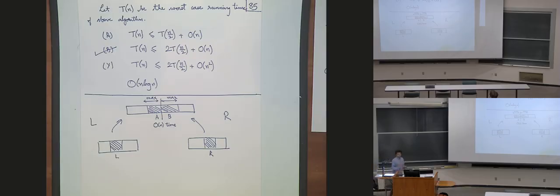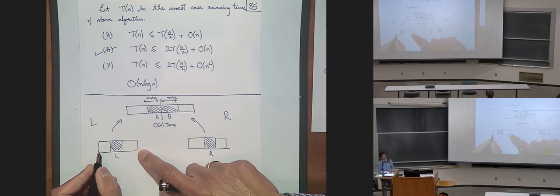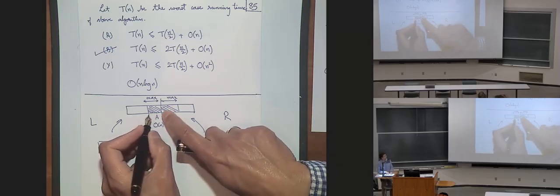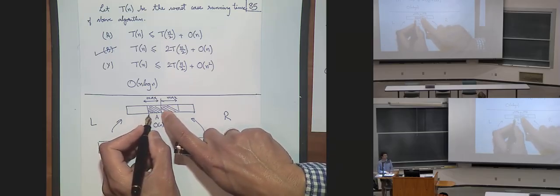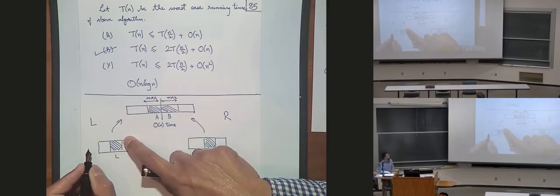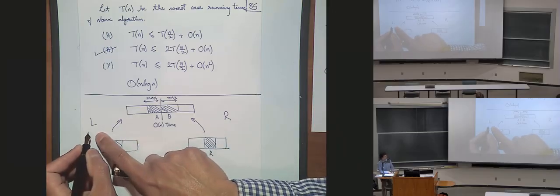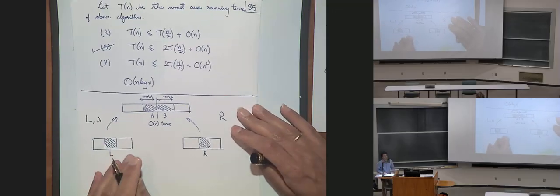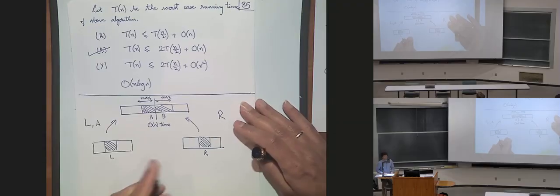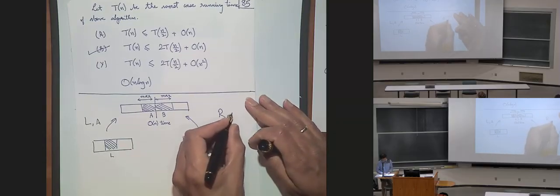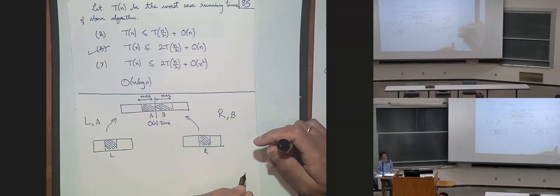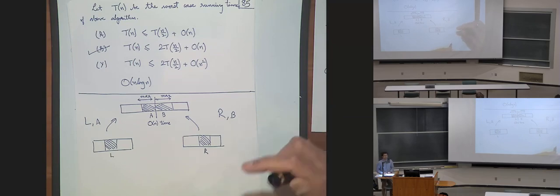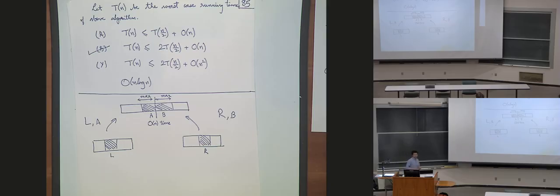Now suppose the recursive procedure also told you what this max was. So I'm going to ask more of the recursive procedure. I'm going to ask it to return L and also return A, and to return R and P. So it's almost like I'm changing the problem.